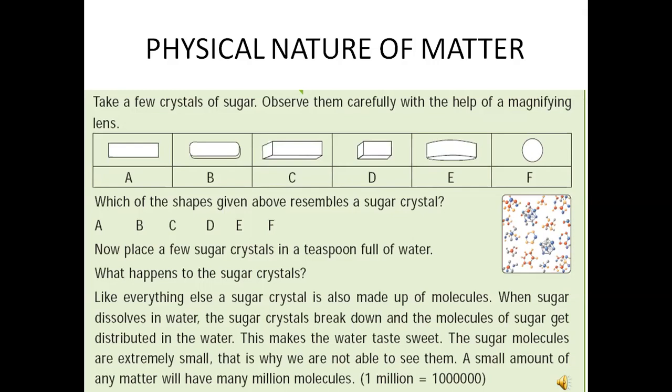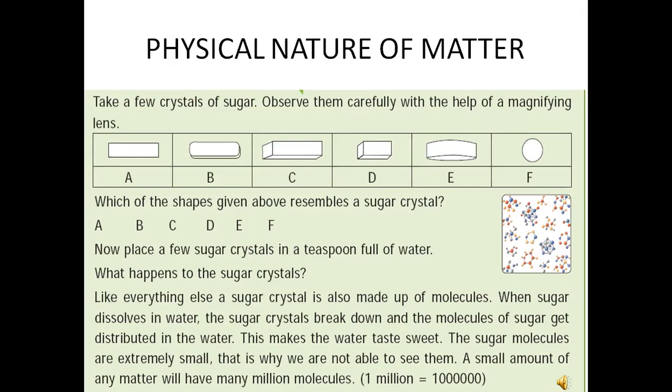A sugar crystal is also made up of molecules. When sugar dissolves in water, the sugar crystals break down and the molecules of sugar get distributed in water. So this makes water sweet to taste. The sugar molecules are extremely small. That is why we are not able to see them.